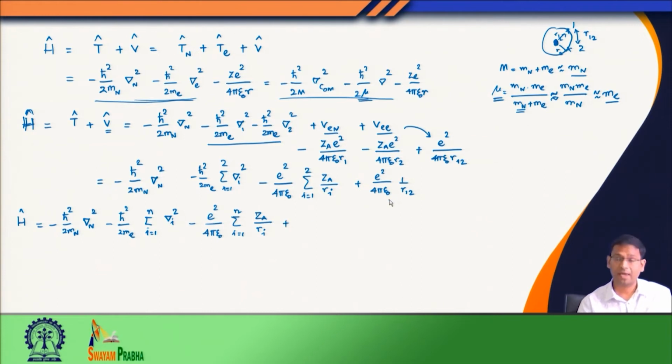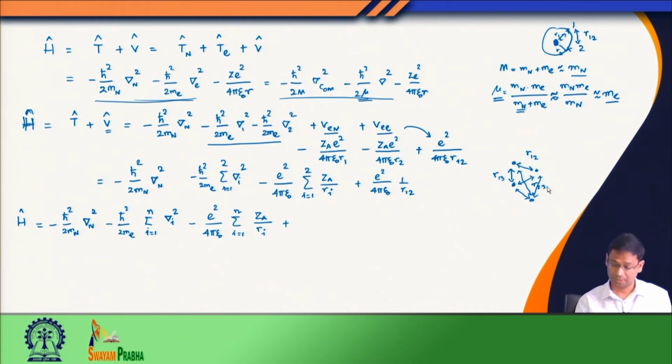Now, since I have n number of electrons, I will have some changes over here, because when I had simply 2 electrons, I had only one interaction r_12. If I introduce a third electron here, I will have r_13, r_23. If I introduce a fourth electron here, the new electron will interact with all the other previous electrons. So, therefore, there will be 6 terms.